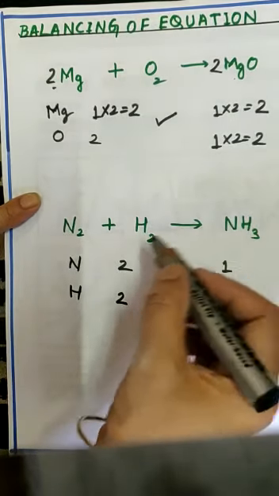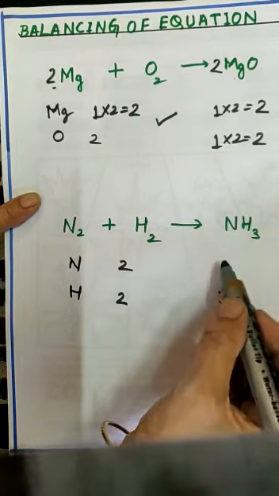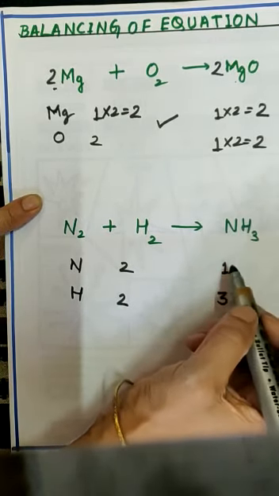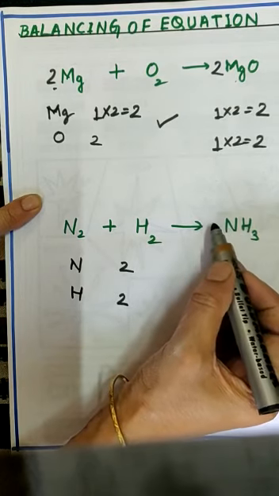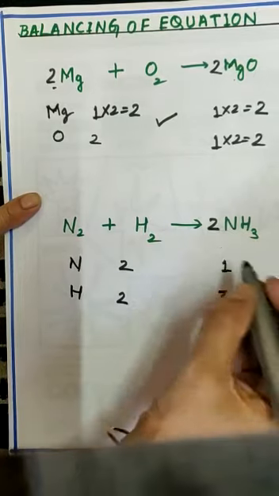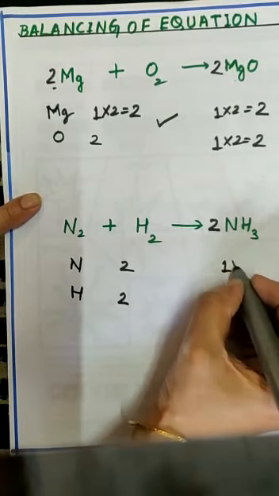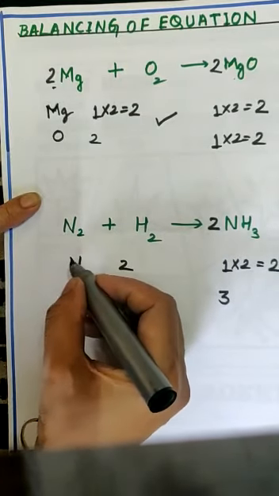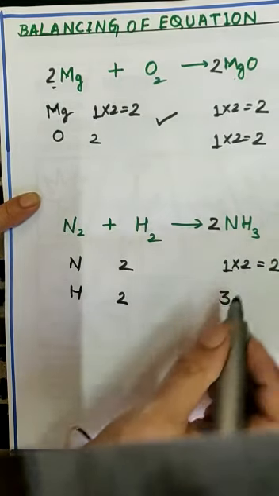Now to increase the nitrogen from 1 to 2, we have to write here 2, so that if in one molecule of ammonia there is only 1 nitrogen atom, then in 2 molecules there will be 2 nitrogen atoms. So we write here 2, then it becomes 1 into 2, that is 2. So both are the same, nitrogen this side as well 2 atoms, this side as well 2 atoms.